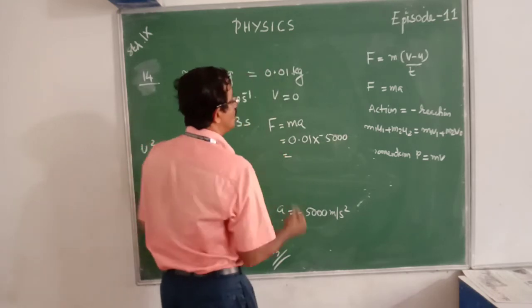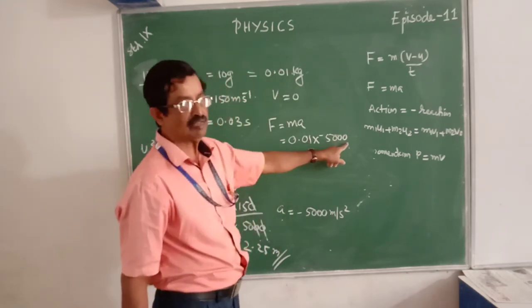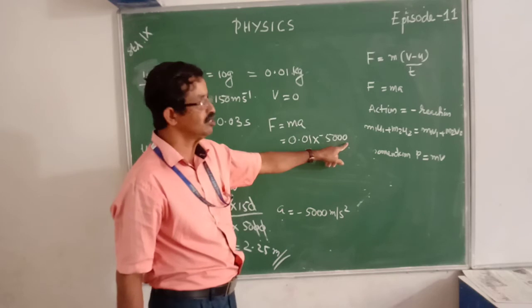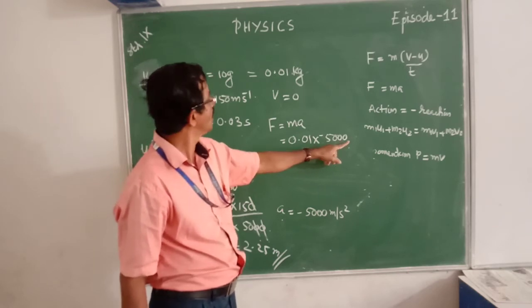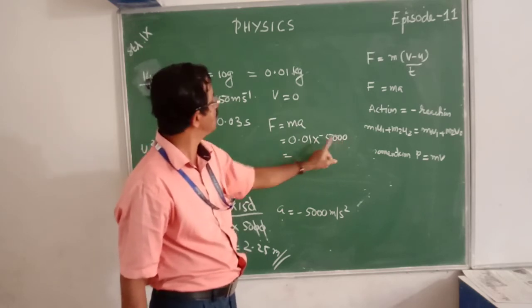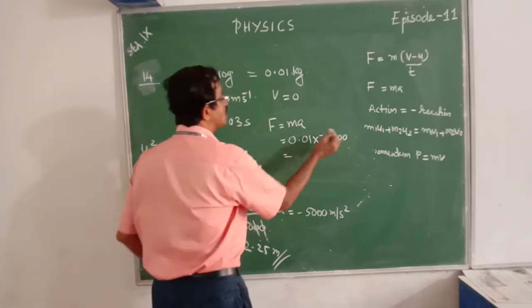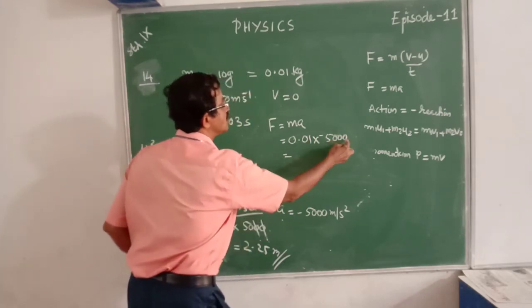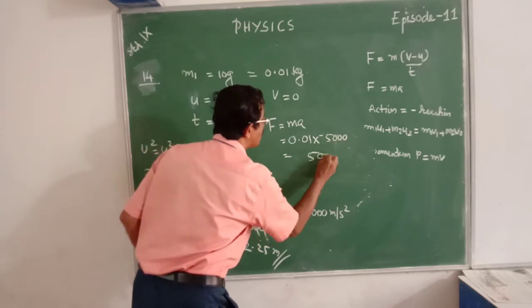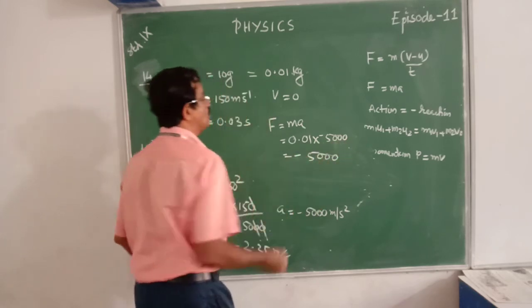When we multiply 5000 with 1 there is no change, but there are 2 decimal points, so we shift them to remove the 2 decimals, and we get 5000 with the negative sign.